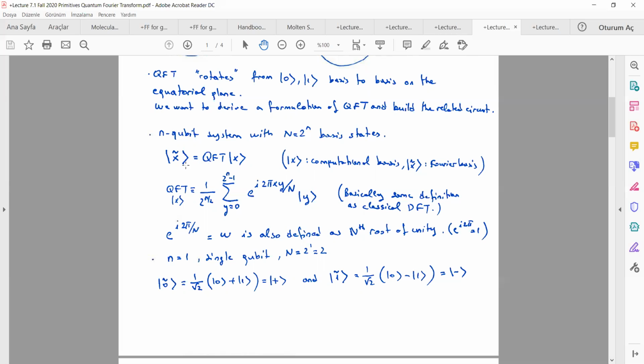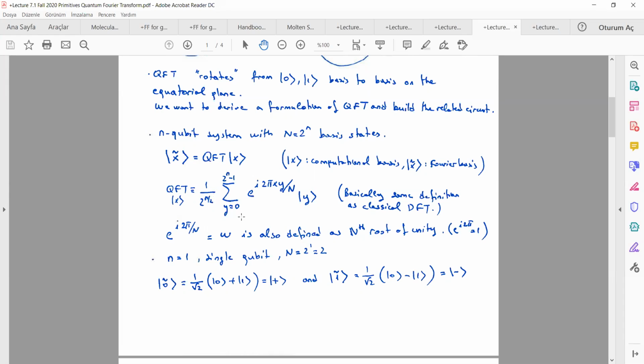And the quantum Fourier transform, which I will denote as ket x tilde, the quantum Fourier transform applied on ket x in the computational basis, is just like all the other operations we use in quantum computation. It's a unitary operation. It has to be a unitary operation.